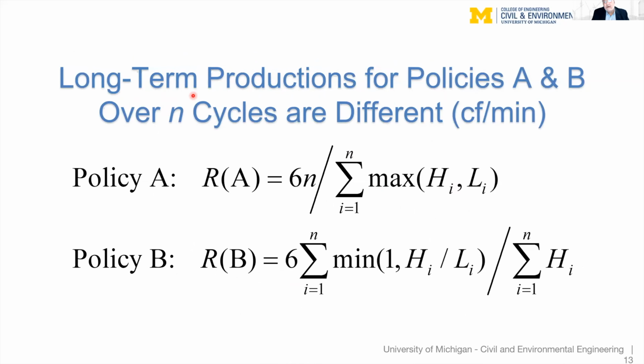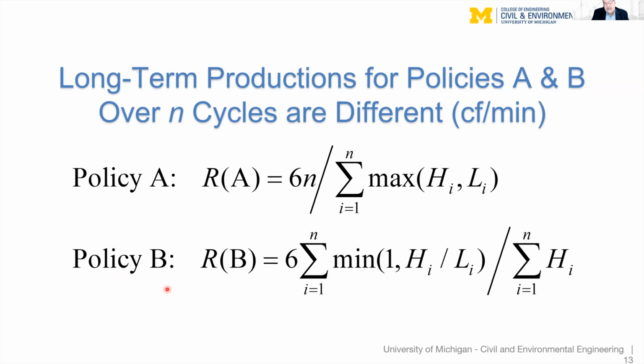If we look at the long-term production for these two policies over n cycles, then for policy A, we have 6 cubic feet times the number of cycles divided by how long those n cycles took, which is the sum of the maximum of H and L over 1,000 cycles, let's say.